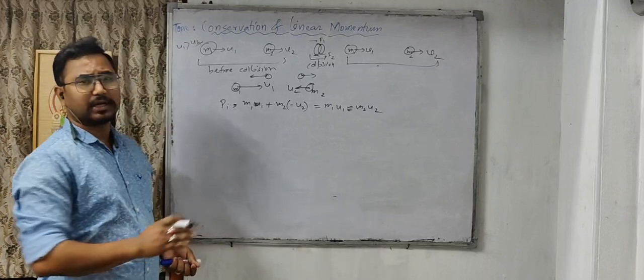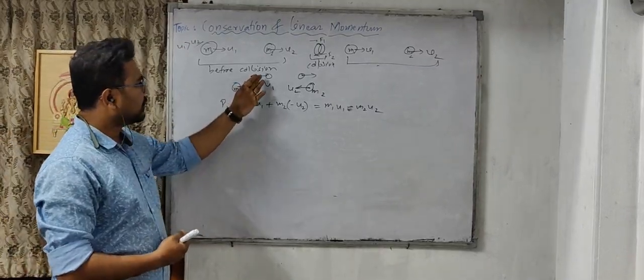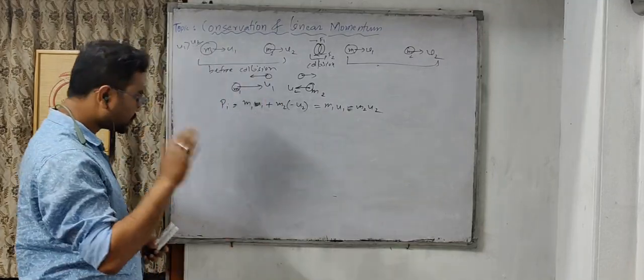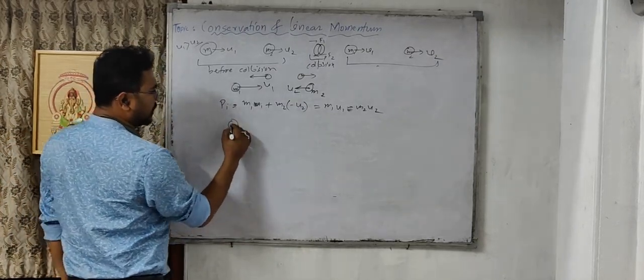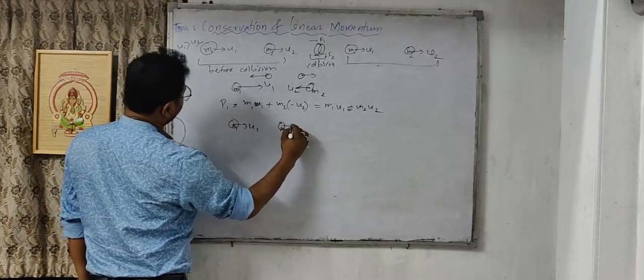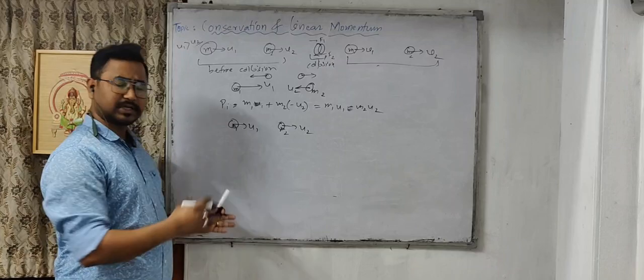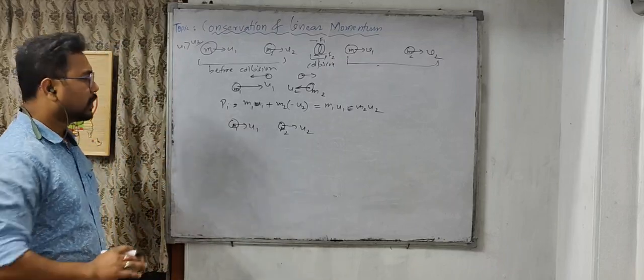So whichever direction they give in the question paper, accordingly V1 will be positive and V2 will be negative. Another case is that M1 and M2 may both move in any direction. Now you know in which direction to take positive and negative, so whether it is opposite or the same direction, it is no problem for you now.